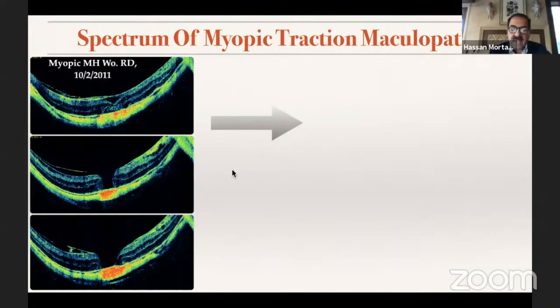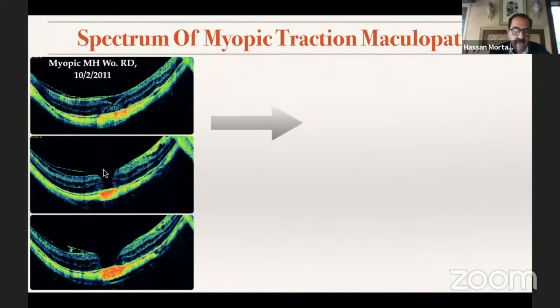These are not separate entities, but they can transfer from one entity to the other. If we look at this patient, this is the OCT in 2011. The patient had epiretinal membrane and partial PVD.